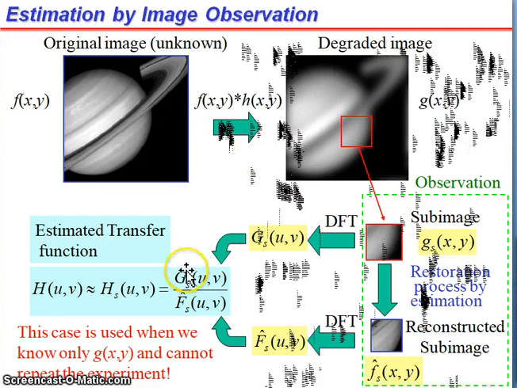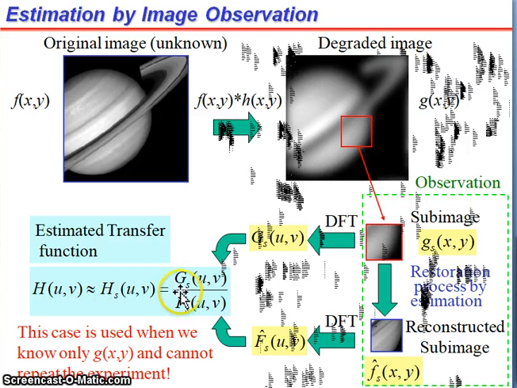So we have gs of u comma v from gs of x comma y, and fs cap of u comma v from the restored subimage. Take the ratio, and you get hs of u comma v, our h of u comma v estimated like this. That is the estimated transfer function of h of u comma v.